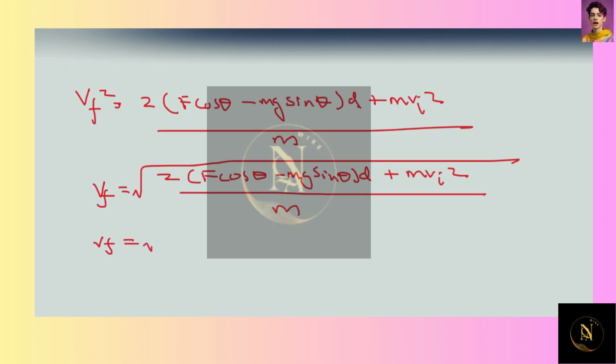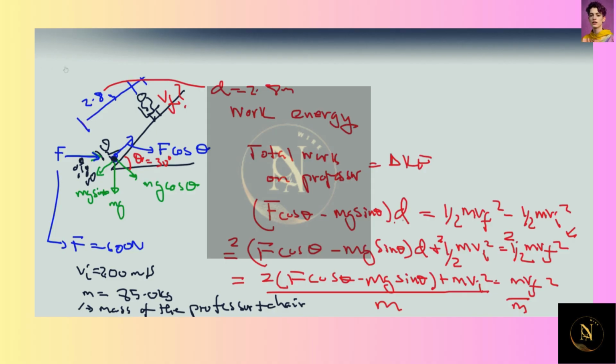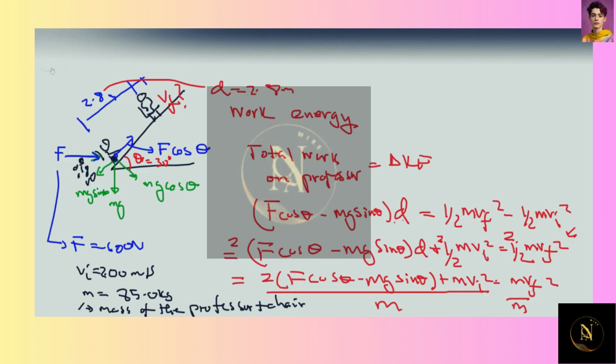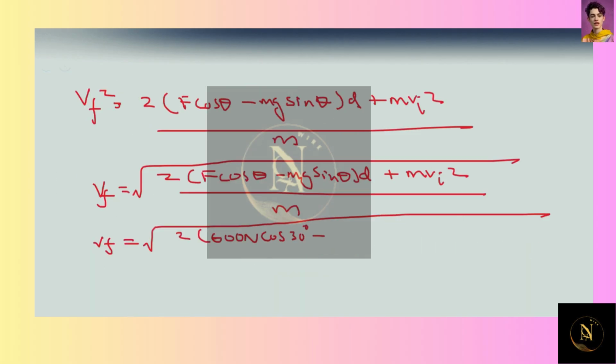The next thing is to plug in the numbers as required. So we have 2. Our force happened to be 600 newtons, if you can recall. And then cosine of theta, theta happens to be 30 degrees, minus the mass of the professor, which is given as 85 kilograms. That's the professor and the chair.